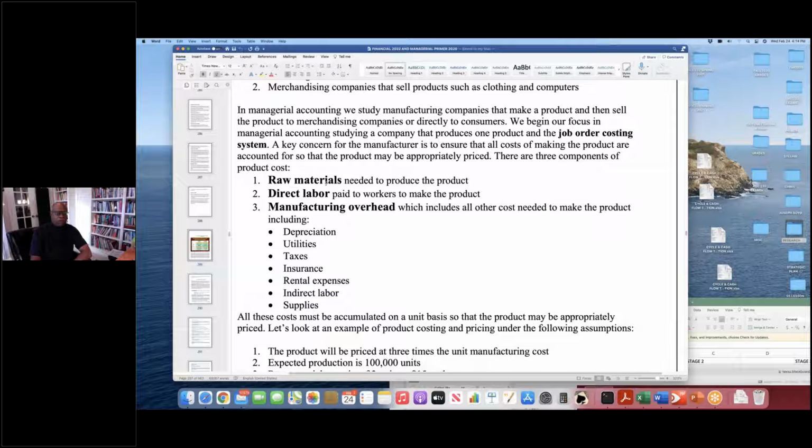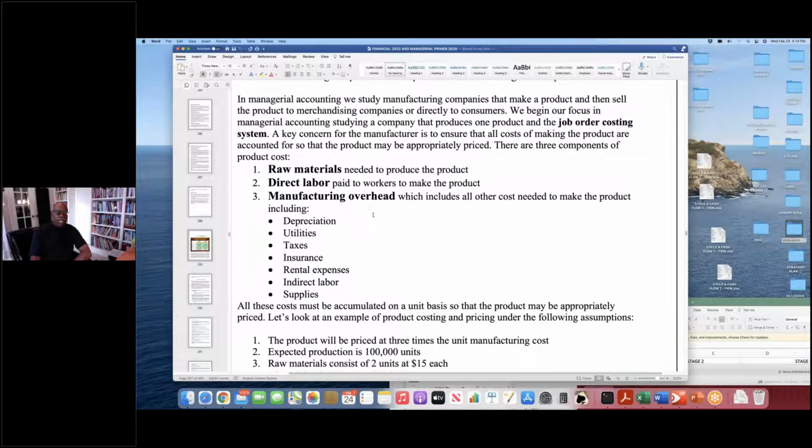So we said with raw materials, those are the key items that go into making the product. Easy to identify. Direct labor, easy to identify. More difficult was the overhead: depreciation, utilities, taxes, insurance, rolling expenses, indirect labor, and supplies.